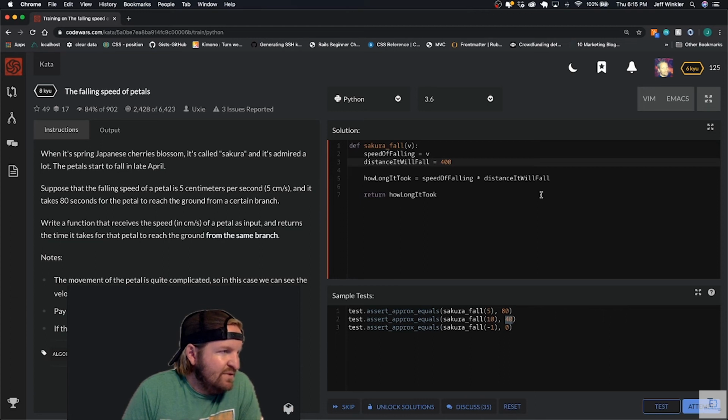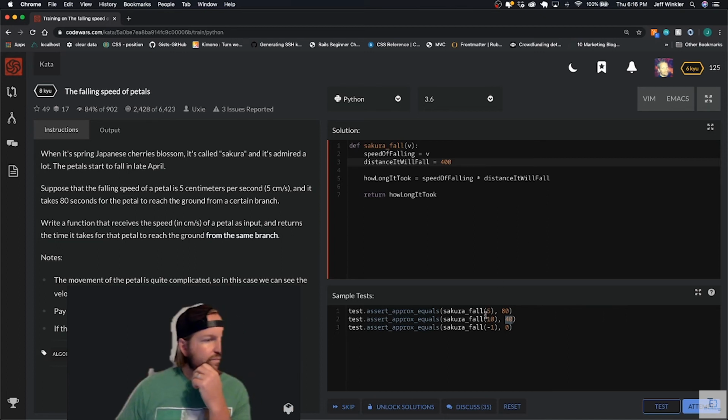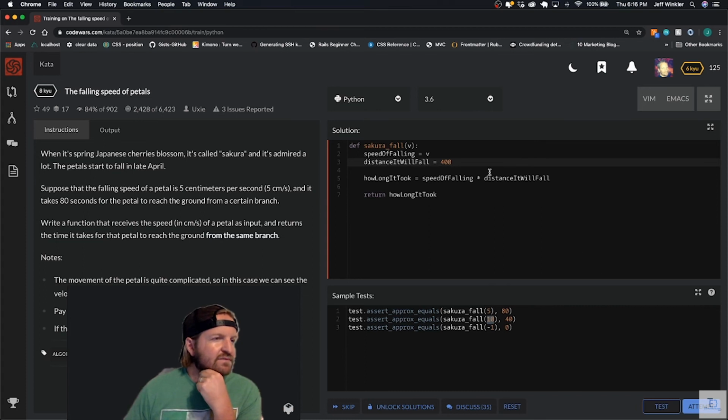Write a function that receives the speed. So if it receives 10, then we do, oh yeah, our math's backwards.